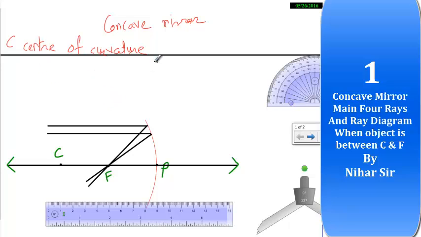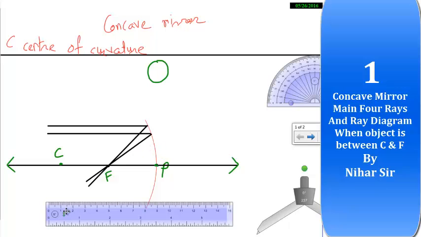If I draw this circle and draw a line segment which has one endpoint at the center and another endpoint on the circle, this is the radius. In the same way, the distance between C and P is the radius of curvature, because if I draw the whole circle, the line segment from the center of the circle to any point on the circle is called radius of curvature, denoted by capital R.